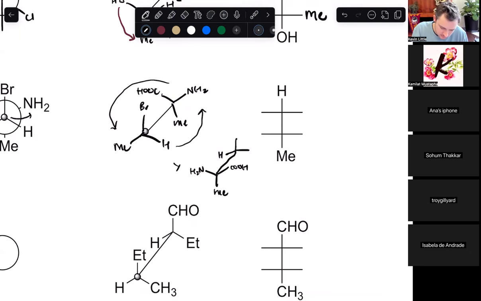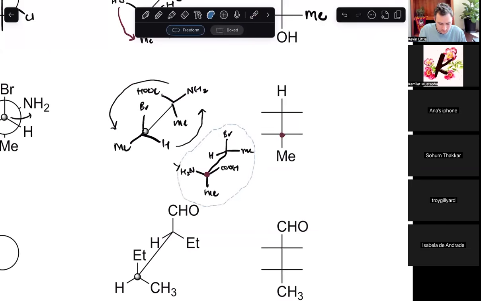The hydrogen's here, the methyl's here, and the bromine's here. So I can do this. This is one option where now I have the right carbon in the right place. Which you have to be careful about.